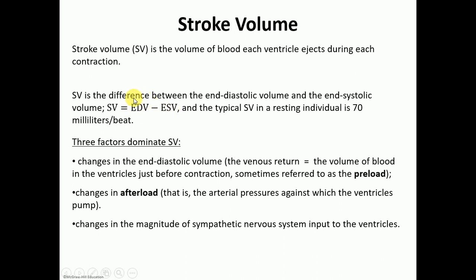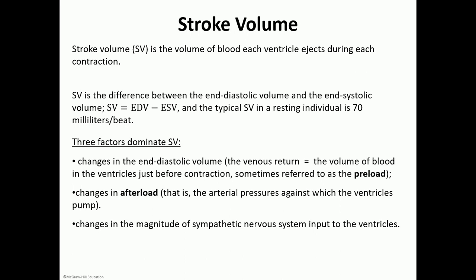The end diastolic volume is the volume of blood in the ventricles at the end of diastole, when the ventricles relax. The end systolic volume means at the end of systole, at the end of ventricular contraction, how much blood is left inside of the ventricles.